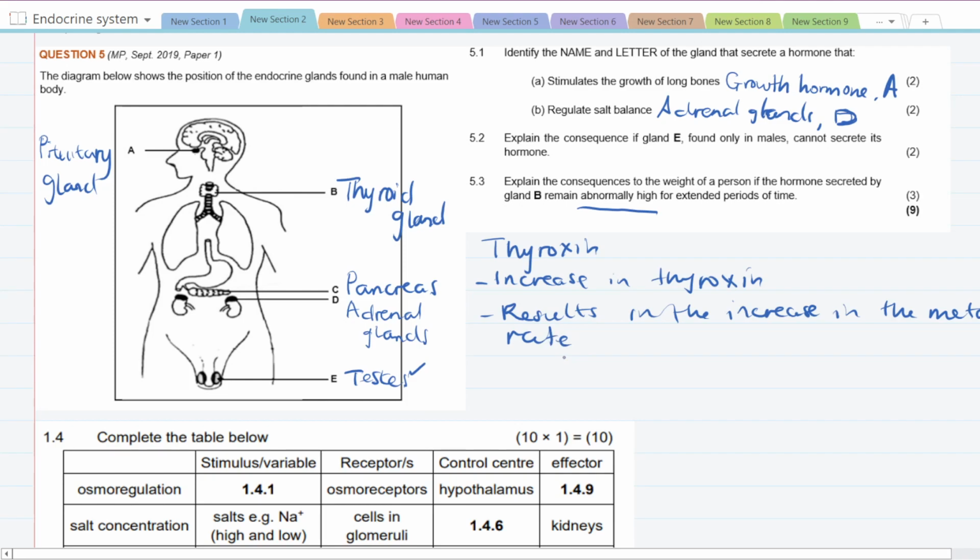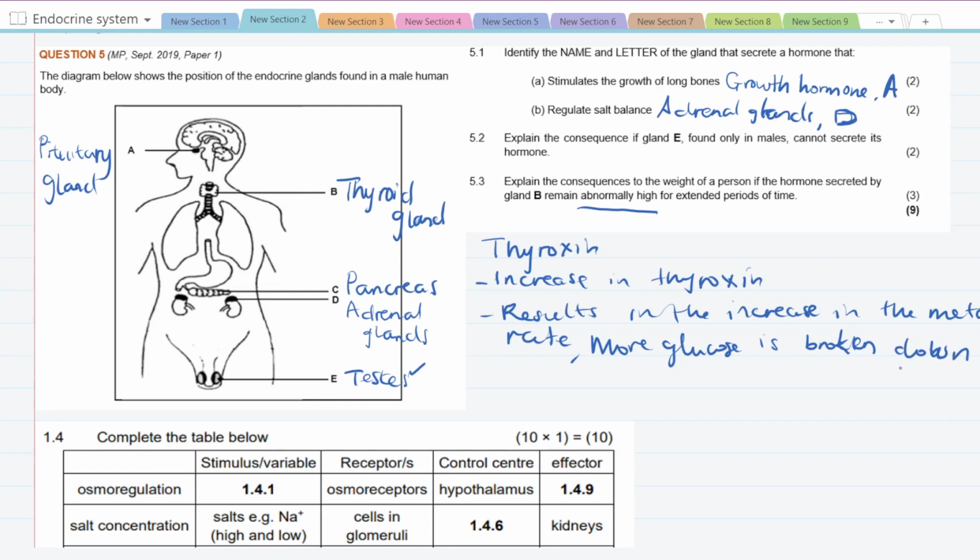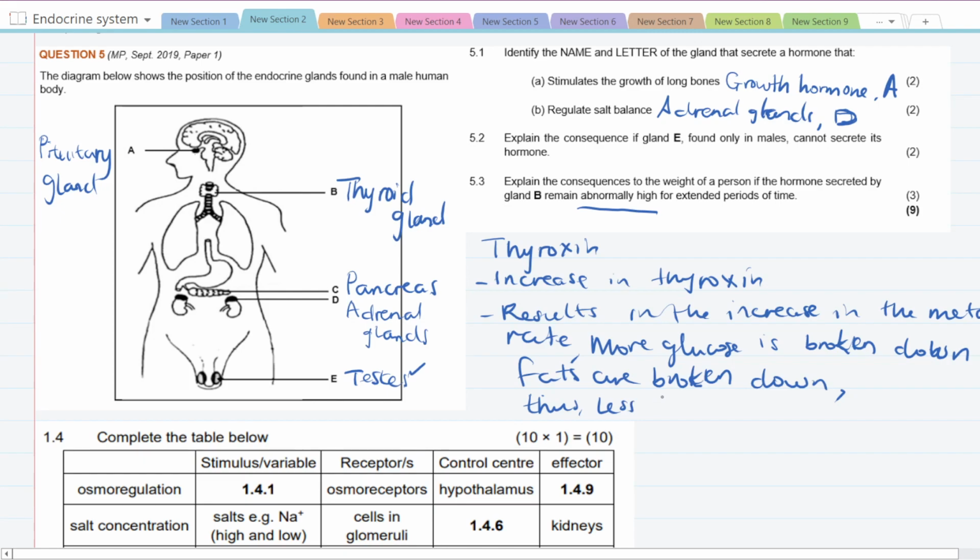And if the metabolic rate has increased, therefore it means more glucose is broken down. Fats are also broken down. Thus less fats and glucose.